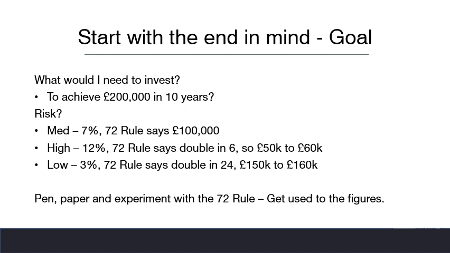So if you can say to somebody, let's try and set a goal, then we'll try and set a time frame to achieve that goal, and then we can demonstrate very quickly with the 72 rule the amount of return that is required to achieve this. And that is why you talk to a client at that point about the risk they're prepared to take. And there's plenty of things that they might be able to vary, i.e. the years to achieve the goal itself, or the risk they're prepared to take.